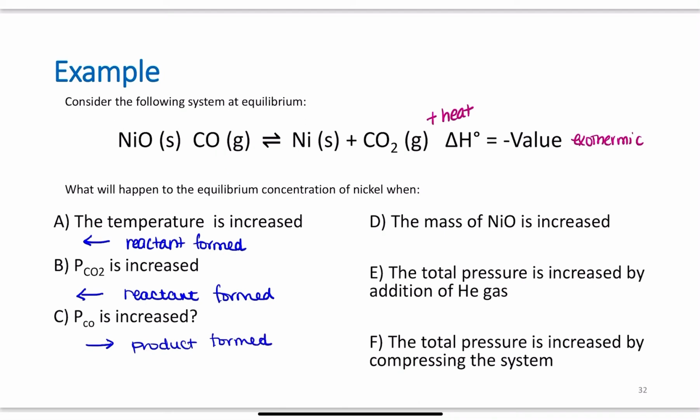The mass of NiO is increased. I'm increasing the mass of nickel oxide, but nickel oxide is a solid. This will have no change. Nickel oxide is a solid. It's in equilibrium, so if anything, we need more CO2 or CO to react.